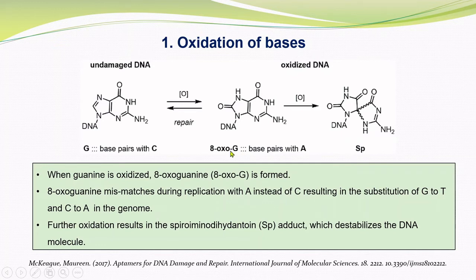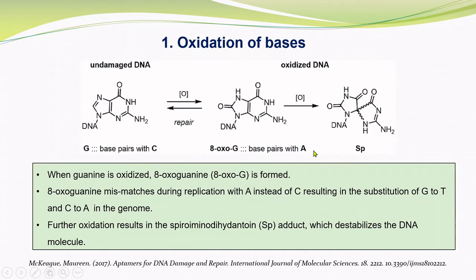This 8-oxoguanine base pairs with adenine, and you know that the normal guanine base pairs with cytosine, but after the oxidation the guanine does not base pair with cytosine, it base pairs with adenine. And you see, now in the DNA strand, this guanine is slowly being replaced in subsequent replications with adenine.